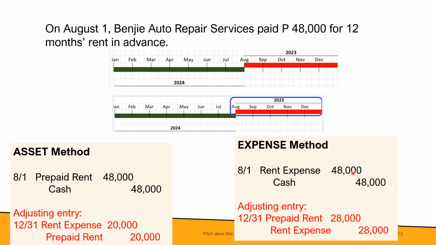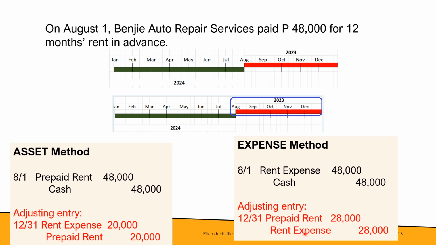So the question is how much should be decreased, or how much should be your adjusting entry for this 48,000 in order to arrive at the required rent expense at the end of the year, which is 20,000? So there should be a debit to prepaid rent 28,000 and credit rent expense 28,000.